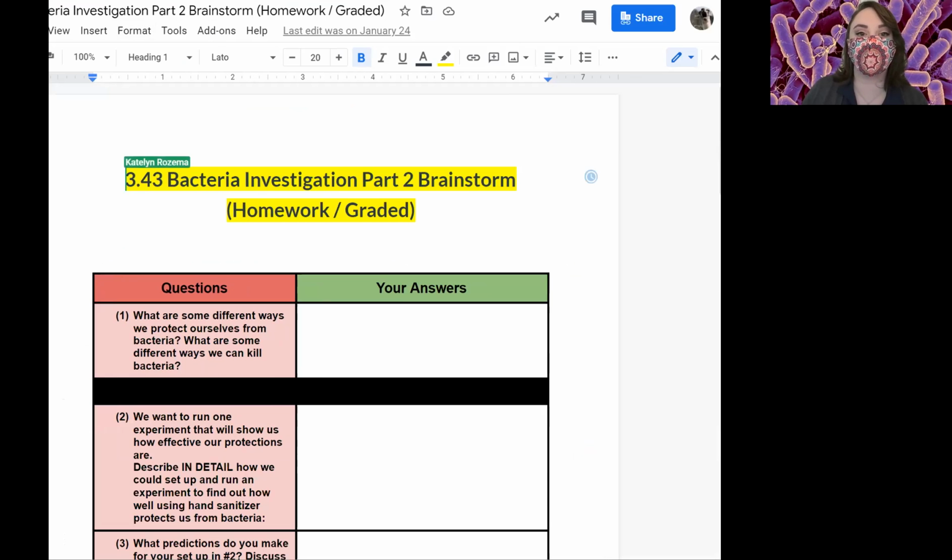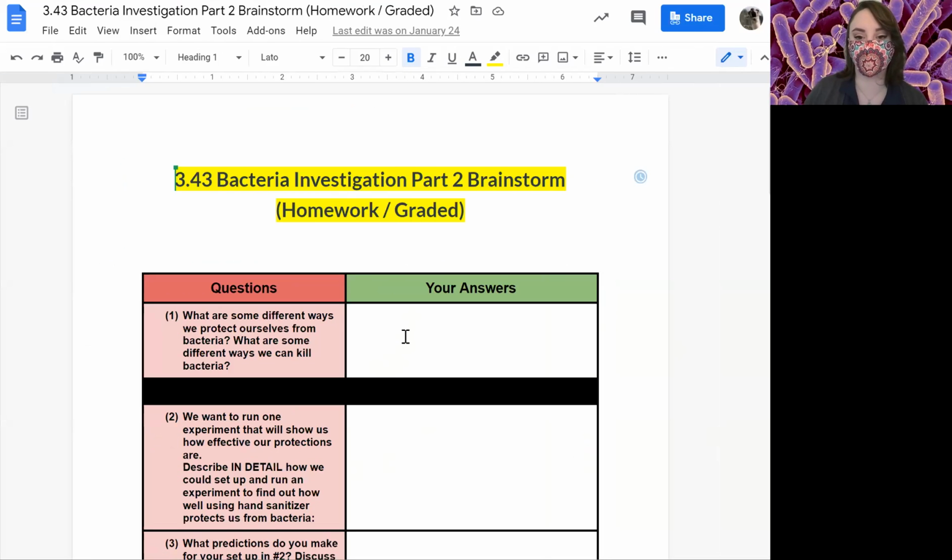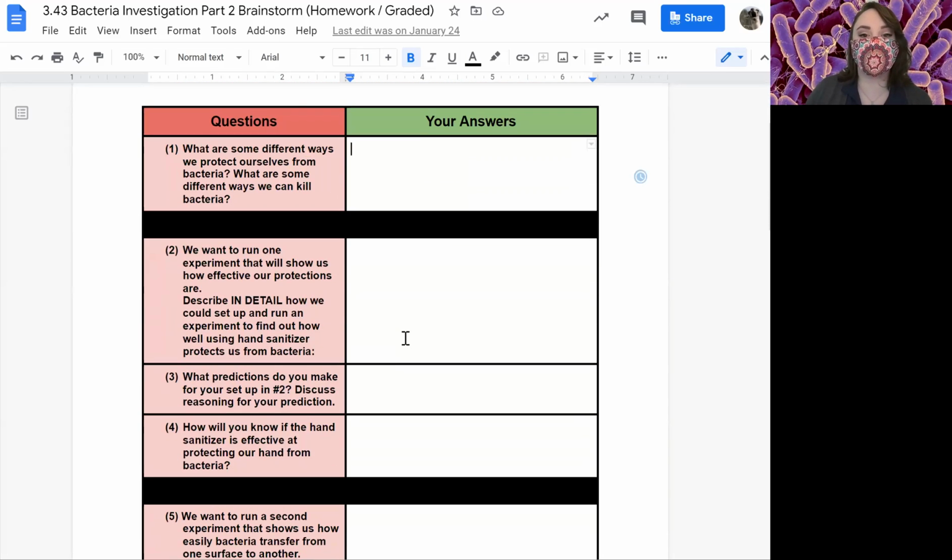If you click on the blue link to the assignment, it'll open up the assignment and it looks like this. The first question starts with what we discussed at the beginning of class. What are some different ways we protect ourselves from bacteria? What are some different ways we can kill bacteria? Then number 2 says, we want to run one experiment that will show us how effective our predictions are.